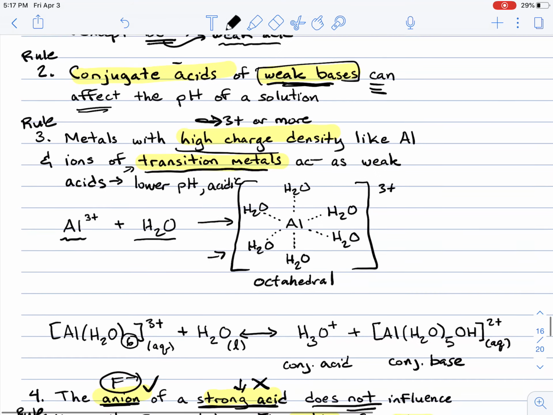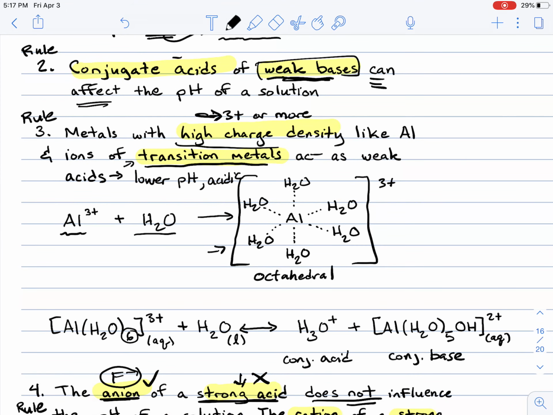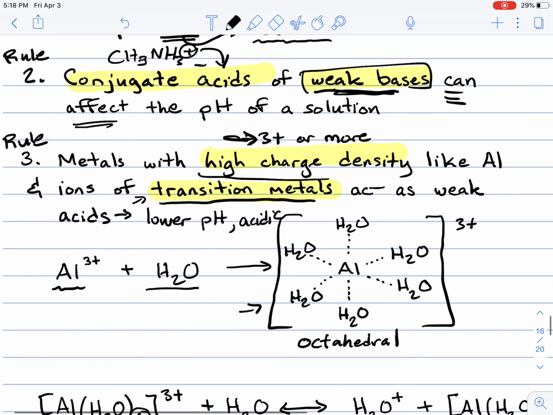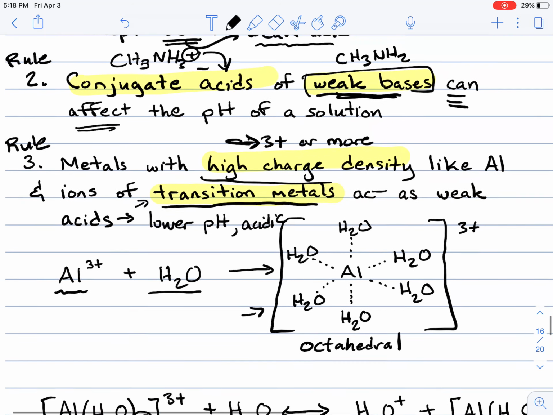So let's go ahead and look at rule 2. So CH3NH3 plus, that's going to be our acid. And that's going to be our conjugate acid, and the conjugate base is CH3NH2. These are both conjugate acid-base pairs.